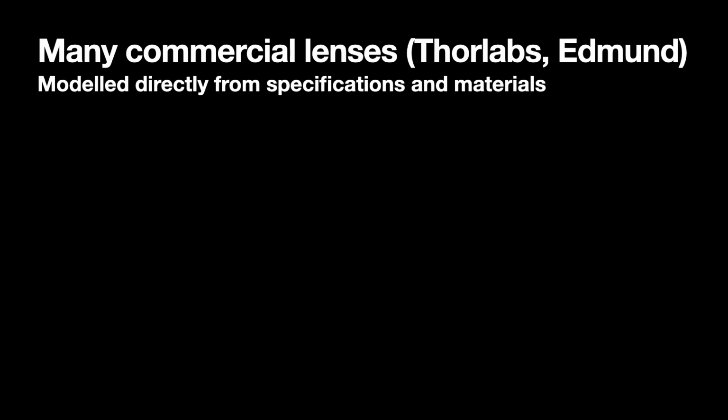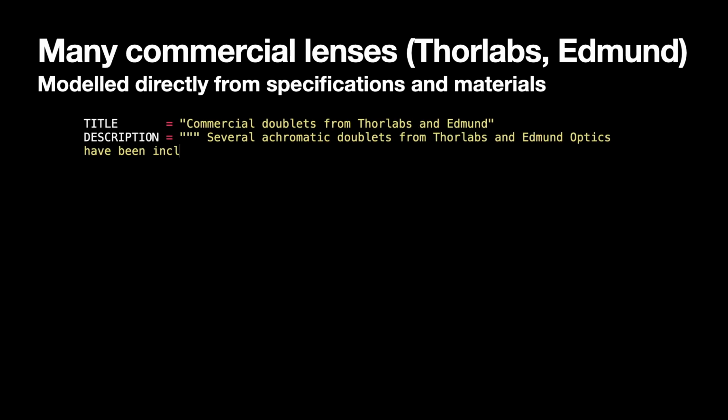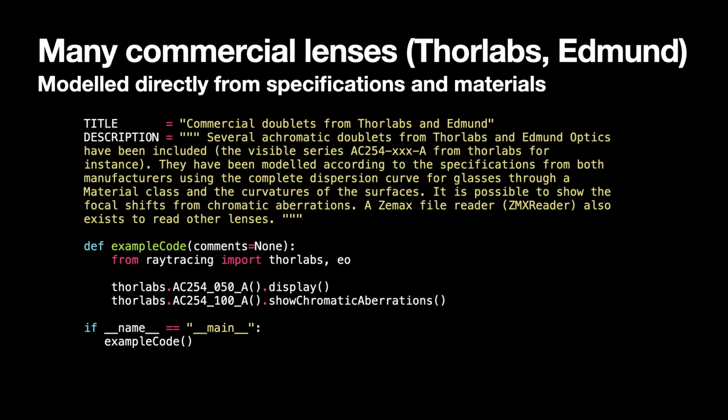Finally, we have also included many commercial lenses from Thorlabs and Edmund, modeled directly from their specifications and their materials. So to use them, we simply have to use the part number, and we can use them directly in our own optical systems.